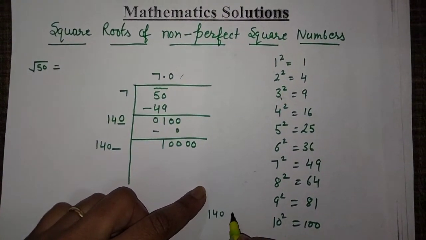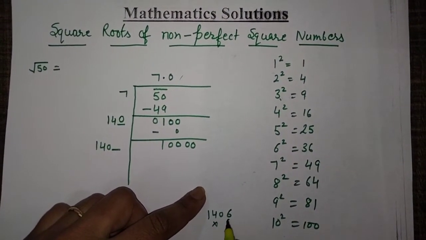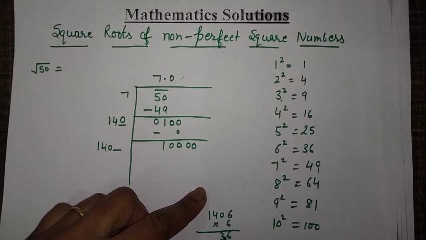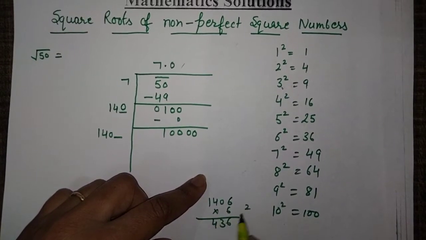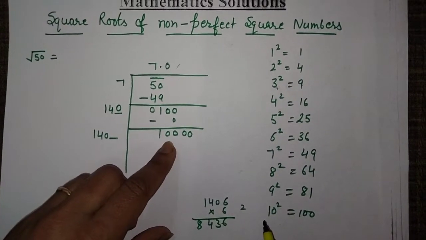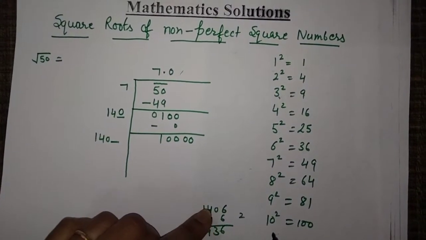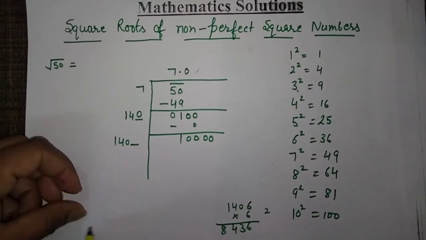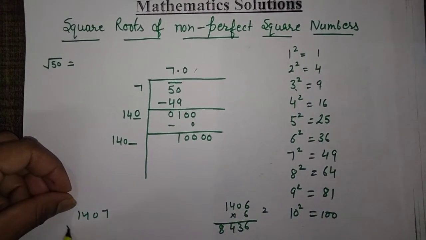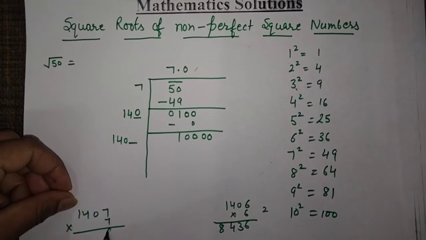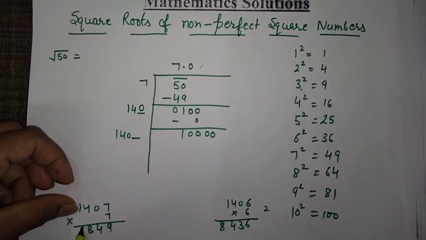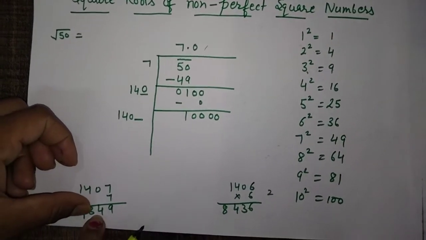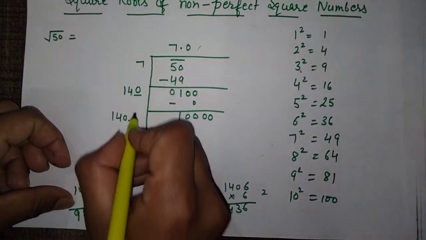So let's try with 6 first. 6 sixes are 36, 6 fours are 24, 6 ones are 6, and we get 2 8. This number is close to this, but let's also try with 7. 7 sevens are 49, 7 fours are 28, 7 ones are 7, and we get 2 9. So this number is quite close to this. So we will write 7 here.